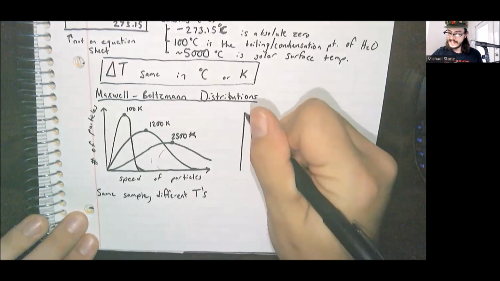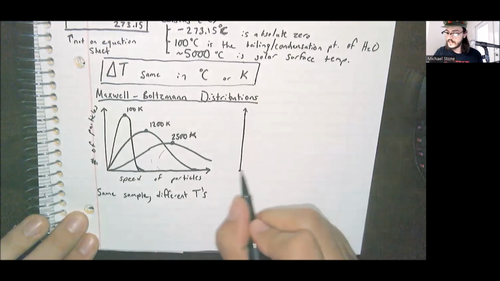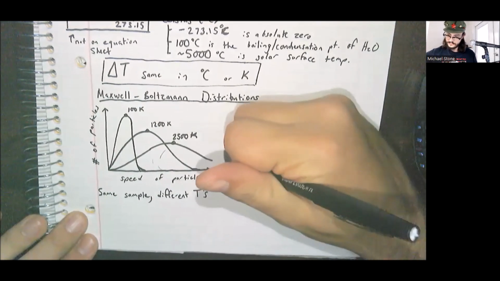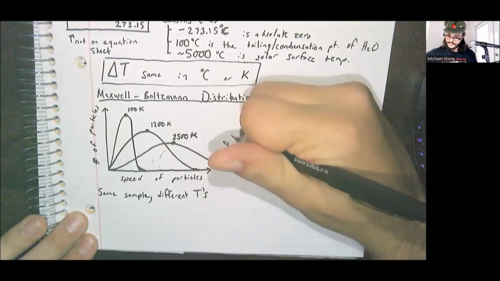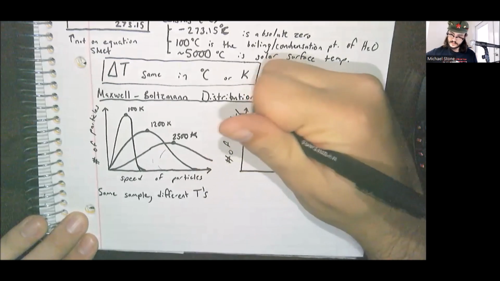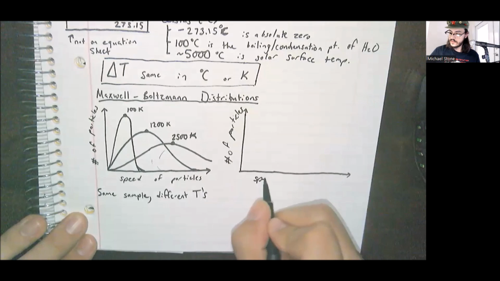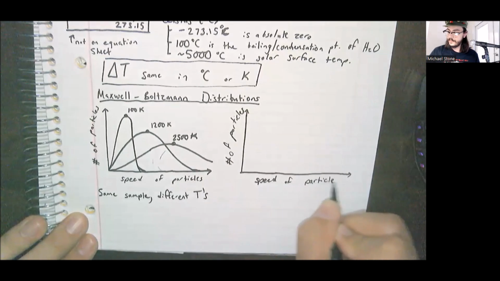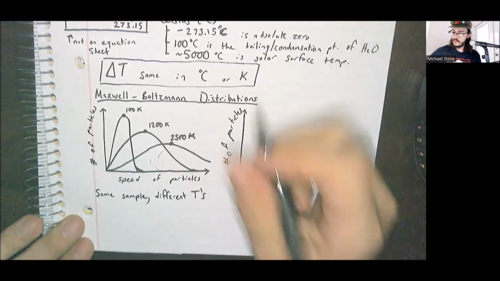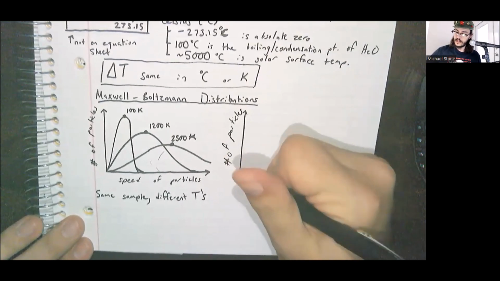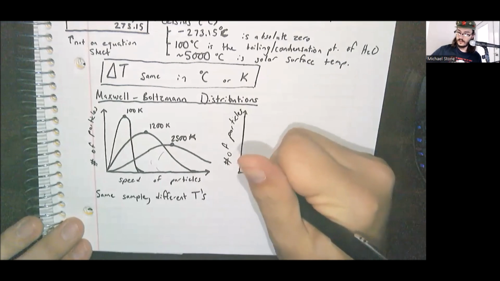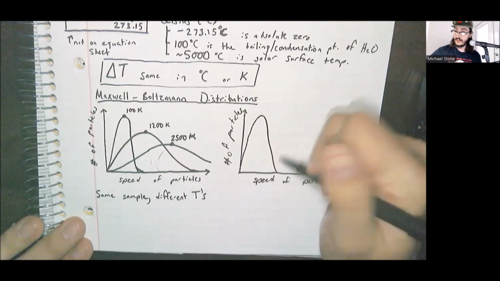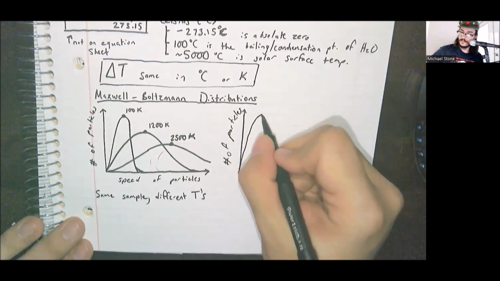If we were to look at different samples at the same temperature, it doesn't actually look all that different. So you'd have your number of particles on the y-axis and your speed of particles on the x. Something like diatomic oxygen, the gas that we are breathing and using as we breathe it.